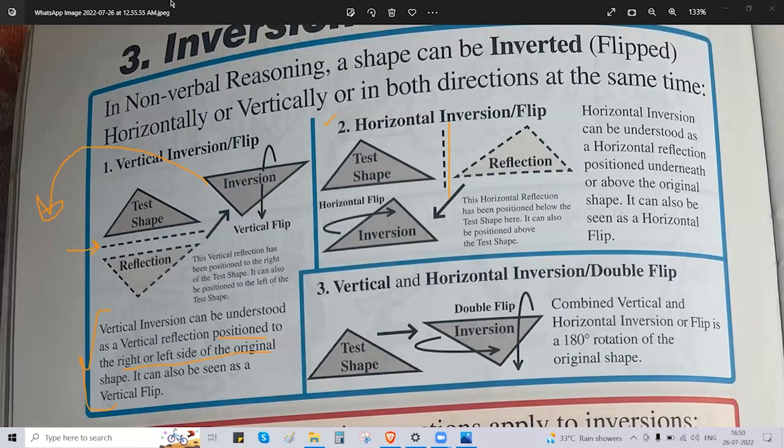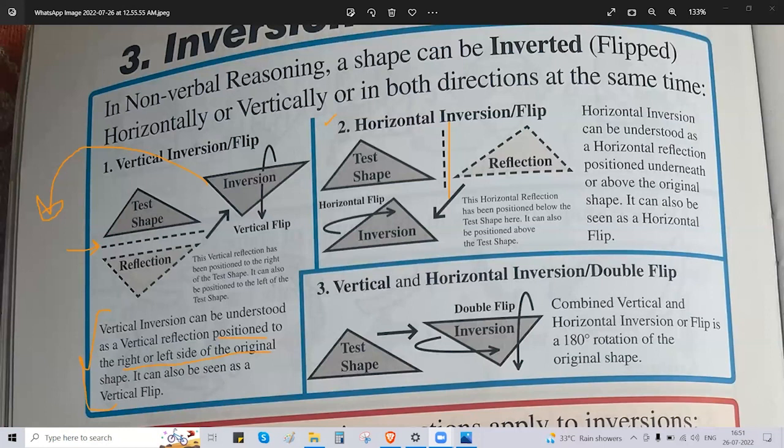Okay, now what do you think about the third point here? The third point says, I think, vertical and horizontal inversion, a double flip.